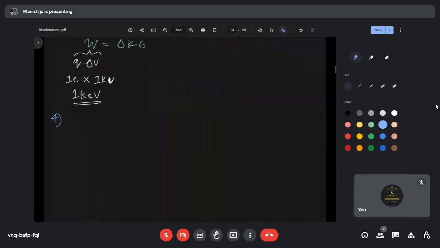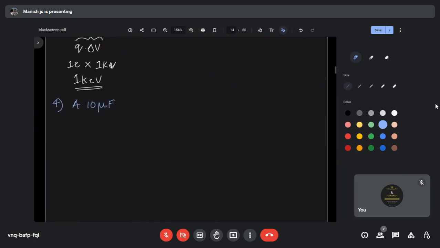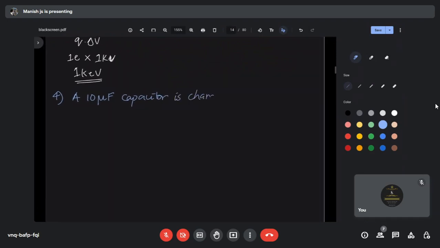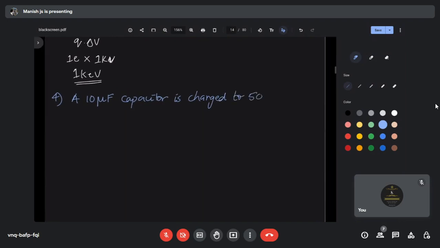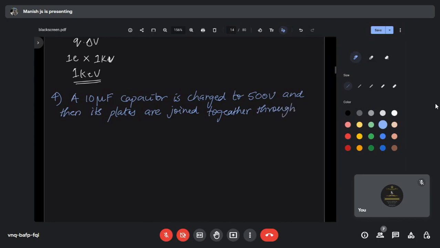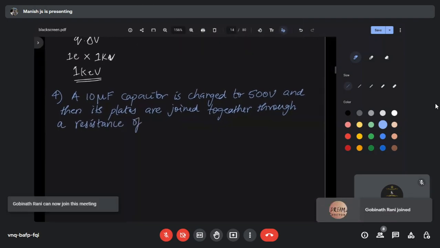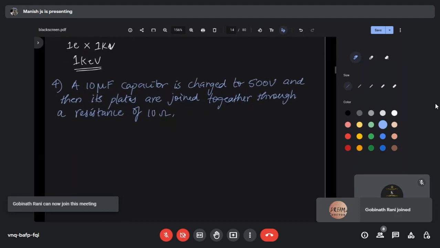Okay. A 10 microfarad capacitor is charged to 500 volts, and then its plates are joined together through a resistance of 10 ohms.